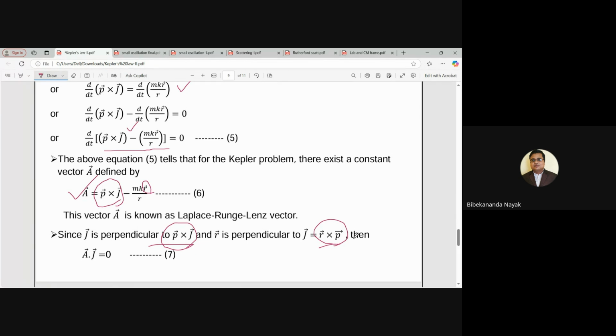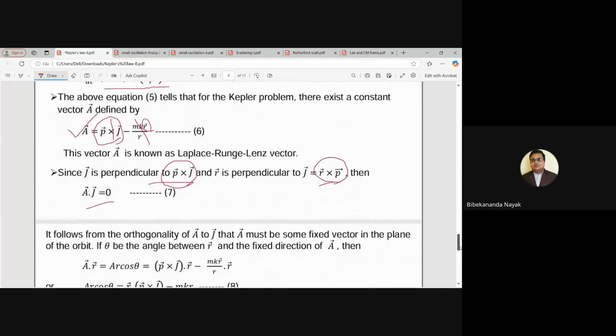Then we can say A is perpendicular to J. So A dot J is equal to 0, because both terms are perpendicular to J.